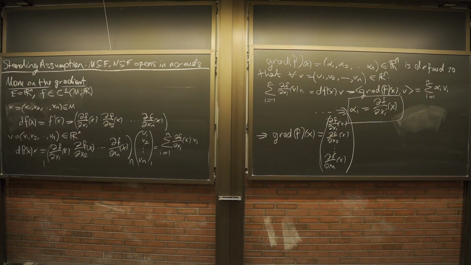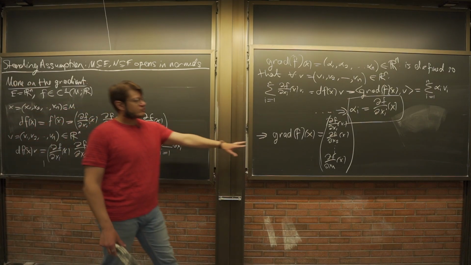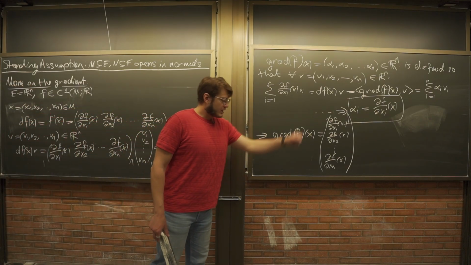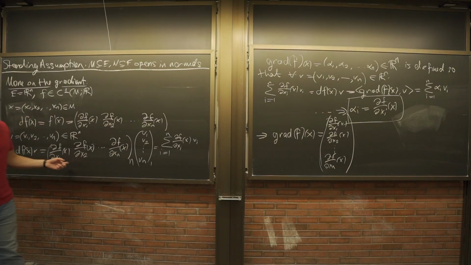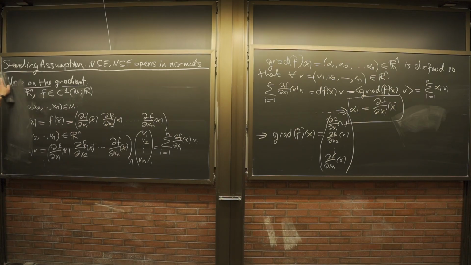Okay? This tells you something about speed, something like a speedometer, if you want. This is something that detects how much you go, or how fast you go in a certain direction. Okay.